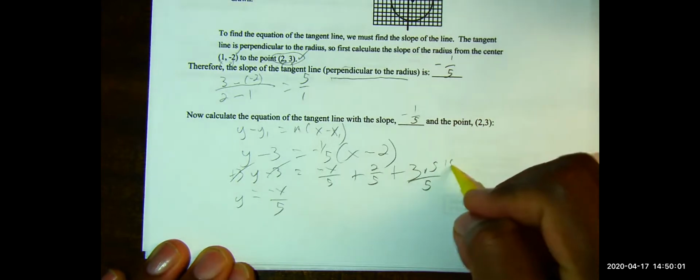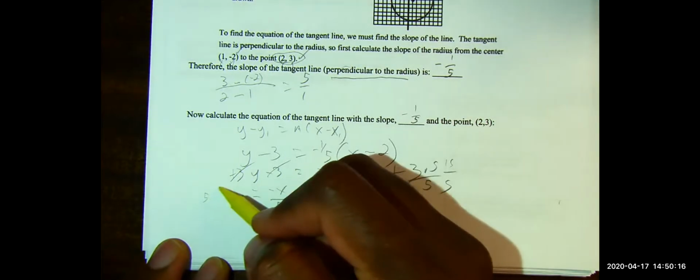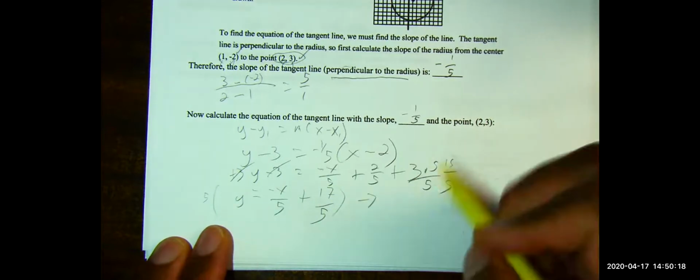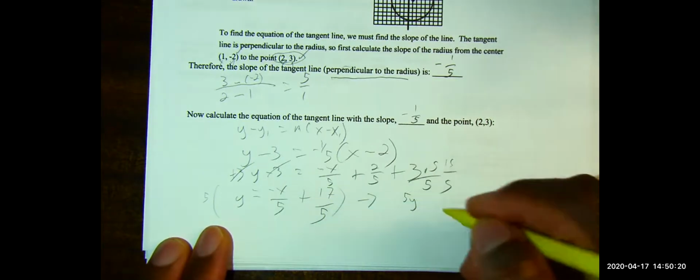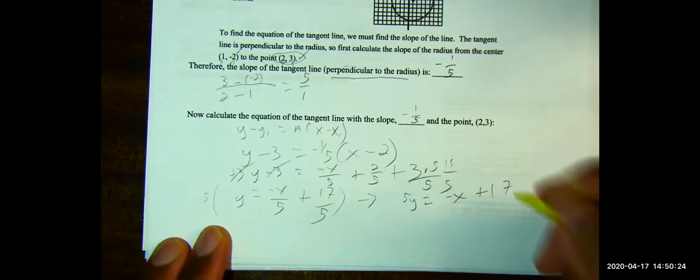This would be 15 over 5. So I'm left with -x over 5 plus 17 over 5. Another way to rewrite this is if you don't want to divide by 5, you multiply everything by 5. So we're left with 5y equals -x plus 17.